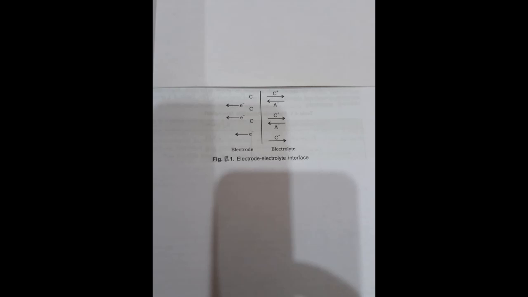There are no free electrons in the electrolyte for charge to cross the interface, and no free cations or anions in the electrode. Therefore, chemical reactions occur at the interface.